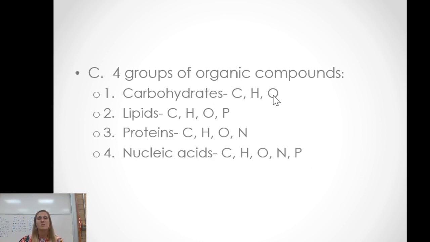The easiest thing to do is to definitely go through and know what letters, by saying them as a word, go with each organic compound. So for carbohydrates or carbs, you have CHO, lipids, CHOP, proteins, CHON, and nucleic acids, CHOMP. CHOMP, okay?